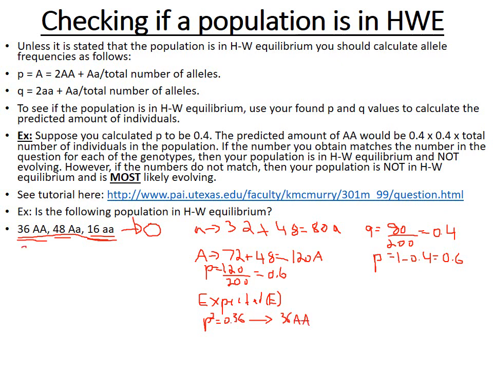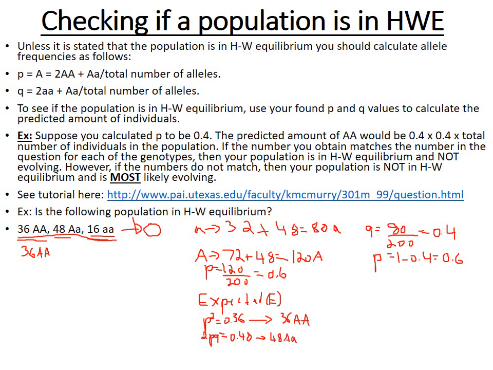So let's go write that right underneath to make sure that we can compare them directly. Our 2pq would be 0.6 times 0.4 times 2, 0.48. So in 100 individuals, that would be 48 big A little a's.